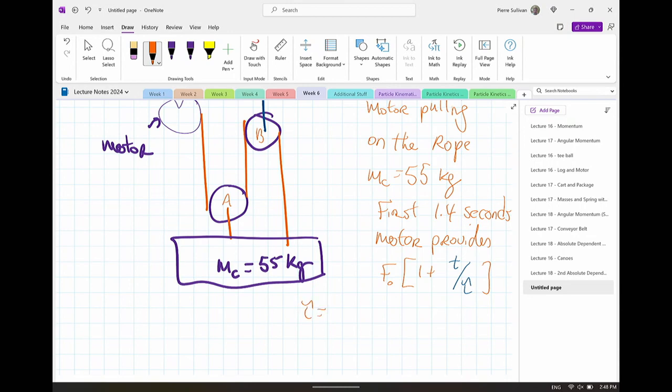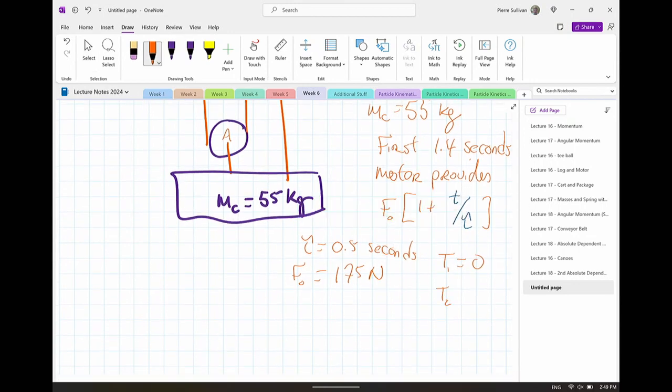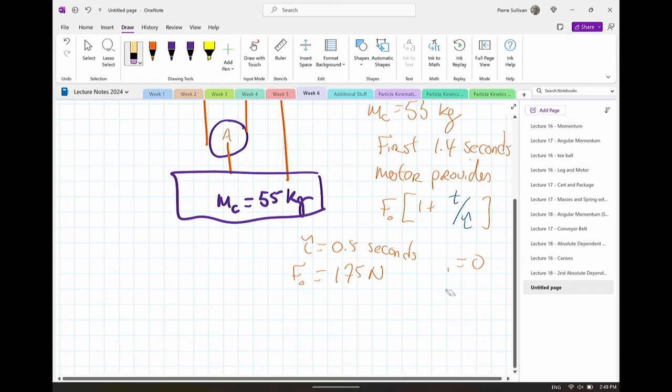Tau is equal to 0.5 seconds. F naught is equal to 175 newtons. What else do I have? T1 equals 0, T2 equals 1.4 seconds.